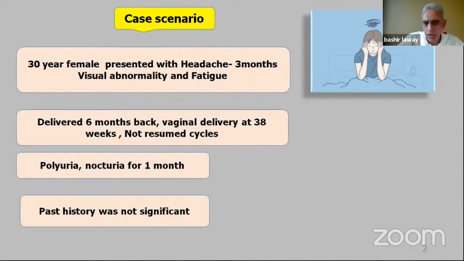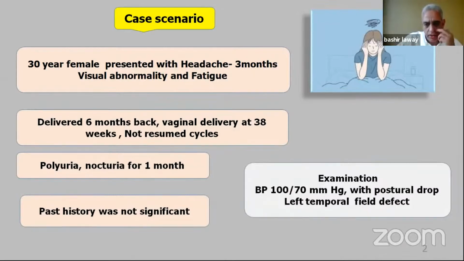There was no significant past history. Clinical examination was normal, except her BP was 100/70 and there was a postural drop. On visual field testing, she had a mild left temporal field defect.